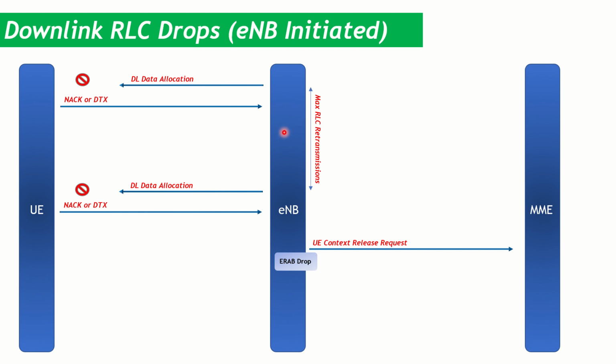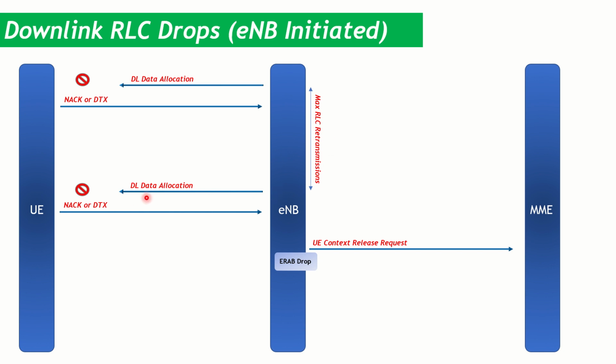So on the eNodeB side, we have a maximum number of RLC retransmission count. Once eNodeB has tried all the RLC retransmissions and it is still unable to get to the UE, that means the eNodeB has maxed out its RLC retransmission threshold.